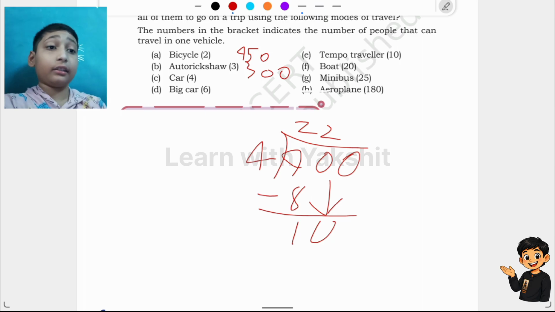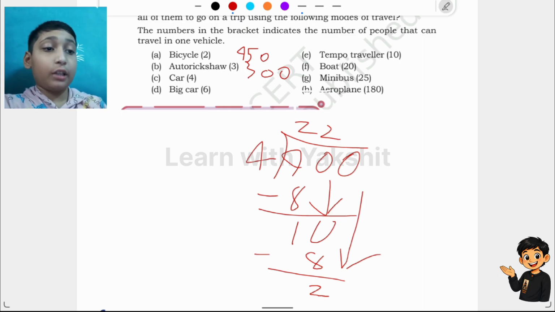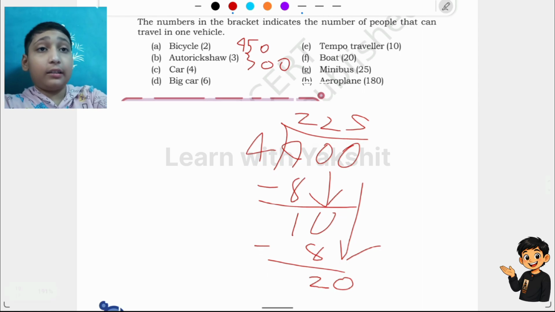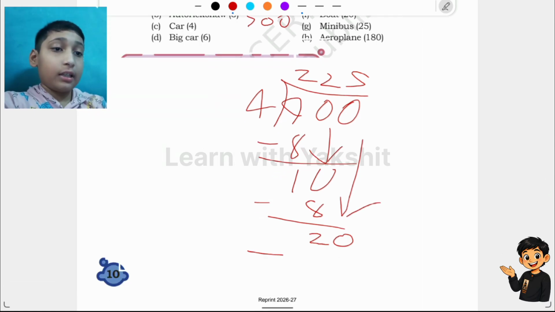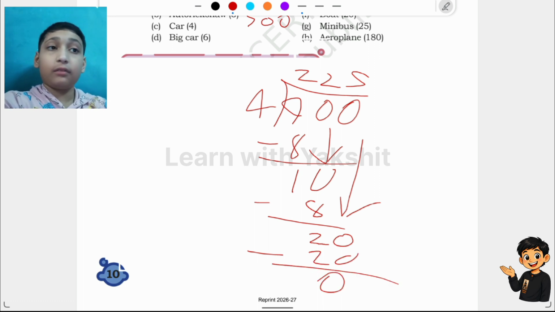Now, in this, we can minus it by 8 again. That is equal to 2. And then if we put down the 0, then it can be divisible. Then by 5. And then, wait, the 5. And then we have to minus by 20, which is 0.